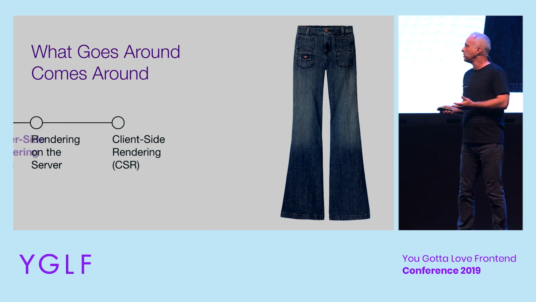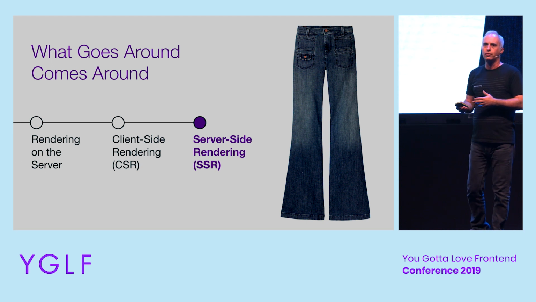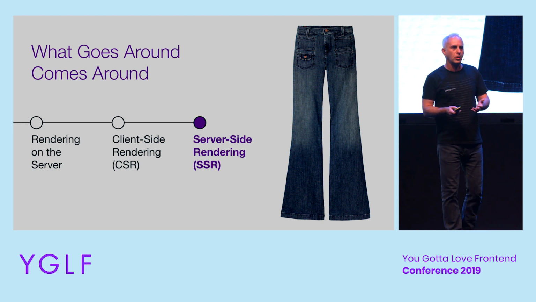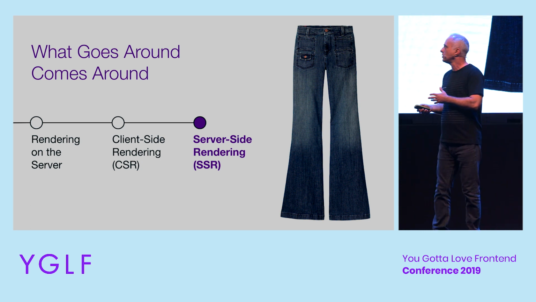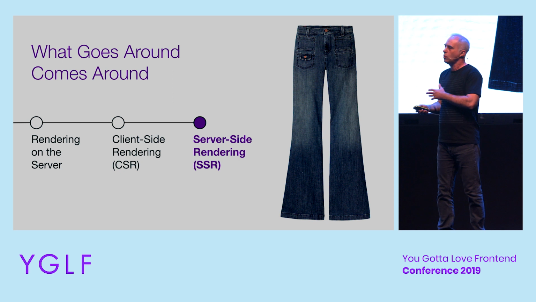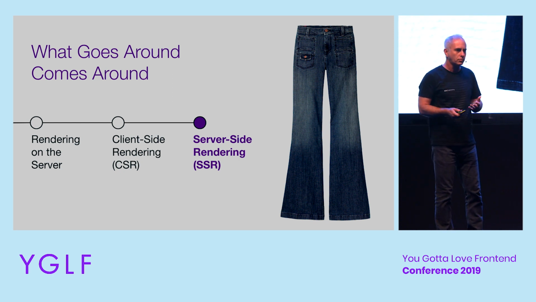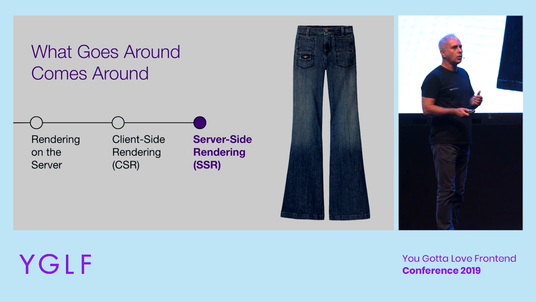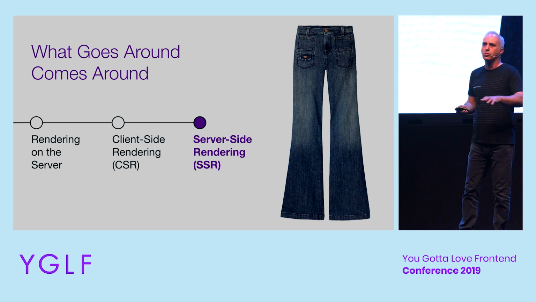But now it seems that we are coming back to this approach of rendering at least the first page on the server side. And it's not exactly the same as rendering on the server, which is why it has this new name, SSR, server-side rendering. But there are a couple of important differences between server-side rendering and rendering on the server.